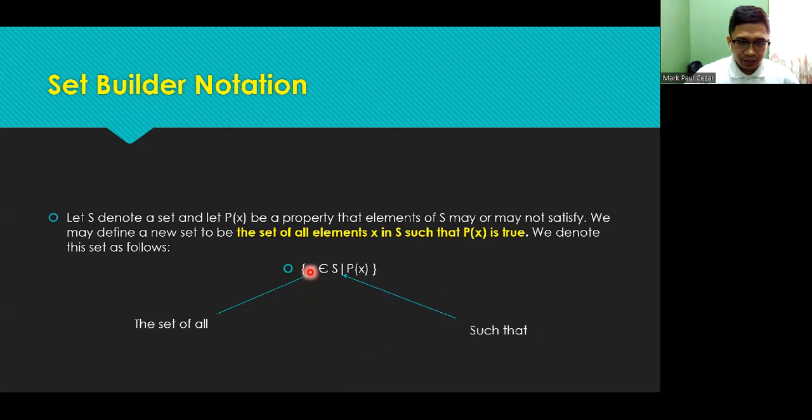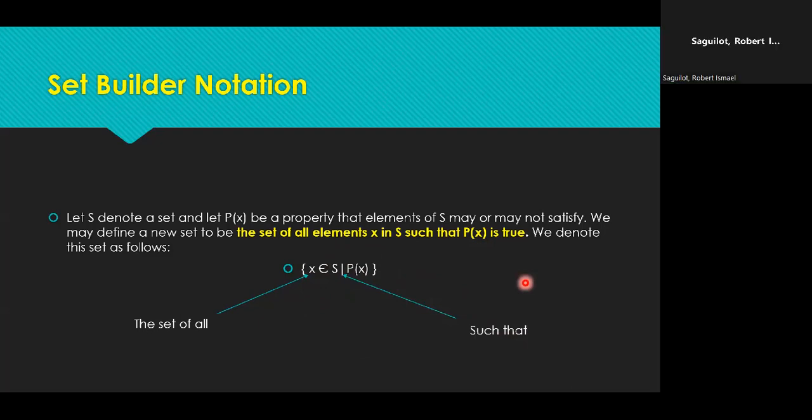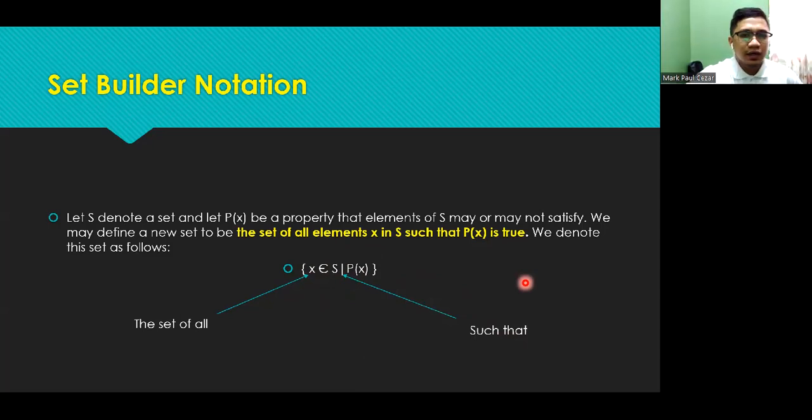So X is an element of S such that P of X is true. Gets? Yes, sir. If you understand how I read this, we will have an example later.